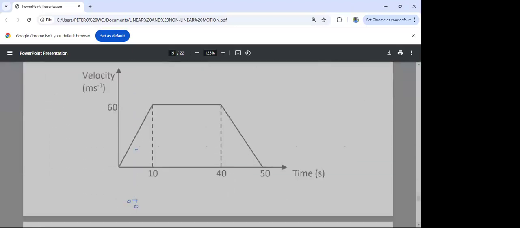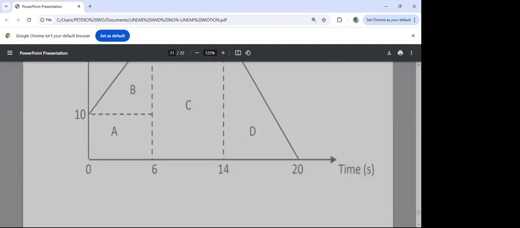Okay, this is the first graph, for those who missed the first graph. Then the second graph is this.